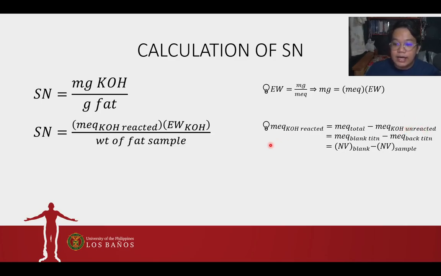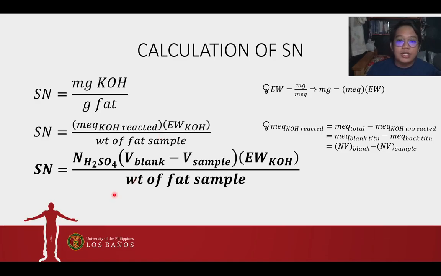So basically, ang MEQ or milliequivalence of KOH ay equal sa normality and volume of the blank minus the normality and volume of the sample. Okay? Then yung equivalent weight naman ng KOH ay just equal to the milli-equivalent multiplied to the equivalent weight. Okay?